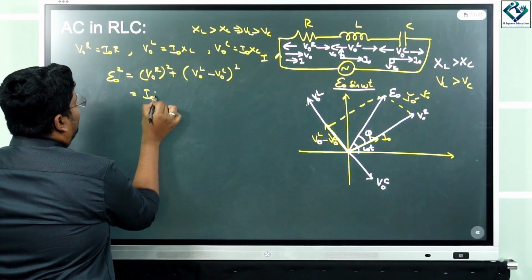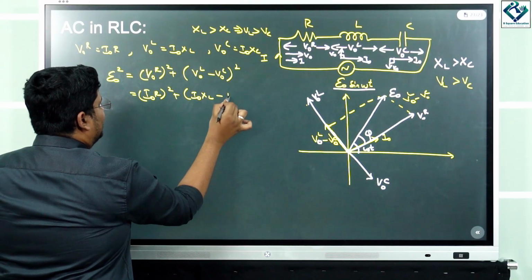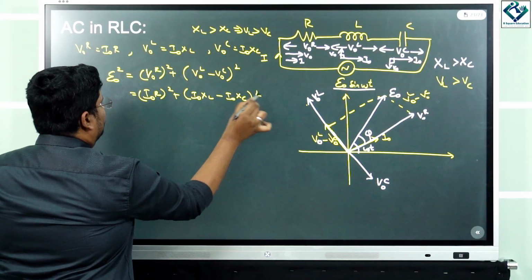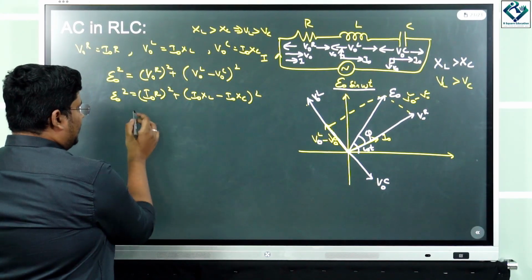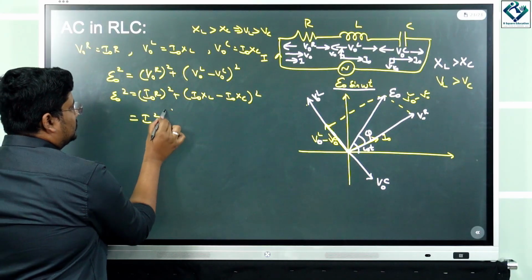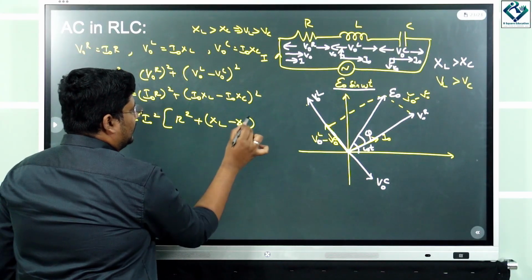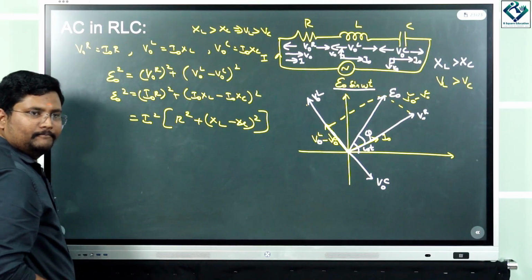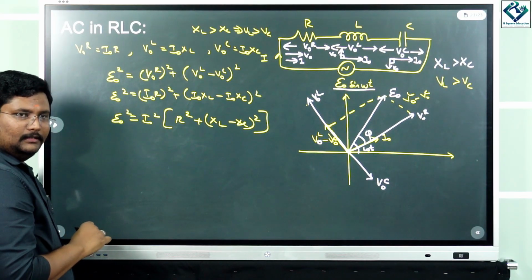So what you'll get, I0R the whole square plus I0XL minus I0XC the whole square. This is going to be E0 square. I can take I0 square common, so what you'll get, R square plus XL minus XC the whole square. Yes, this is going to be E0 square. What I want is I0.